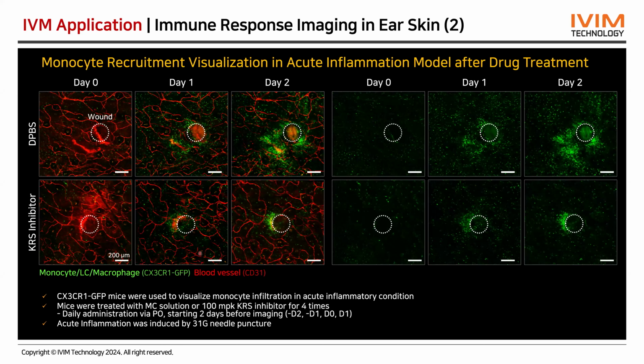Imaging immediately after the wound, as well as 1 and 2 days later, revealed a significant reduction in immune cell recruitment around the wound site in the KRS inhibitor-treated test group compared to the PBS-treated control group. This reduction was attributed to decreased cell-to-cell adhesion and migration in the test group.